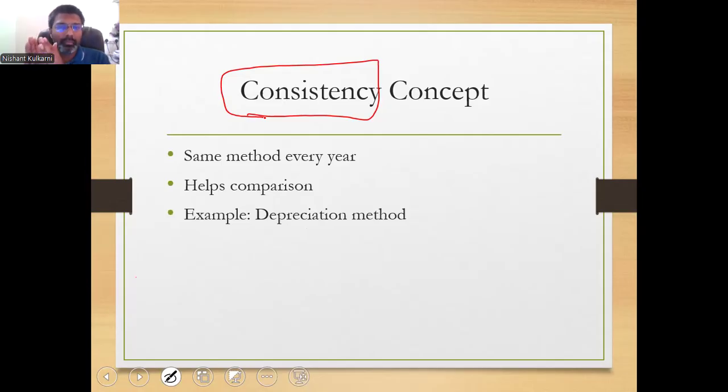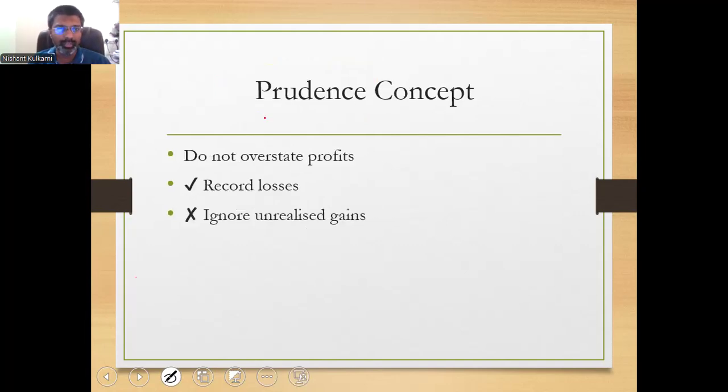When the choice is made for the first time, it should be consistently applied over the next years. So you don't change the methods every year, because it will not be consistent for the accounting records. You can change methods, but then the consistency breaks, and then there are other repercussions. I will explain those in future, but the consistency concept is to be followed.